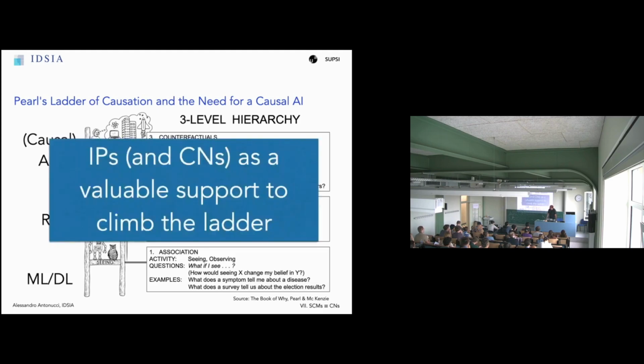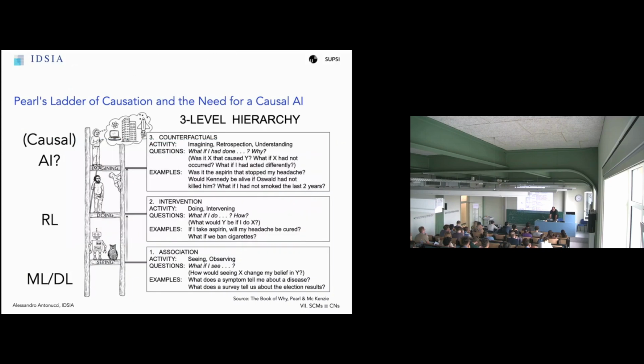So what I wanted to emphasize in this last module is that imprecise probabilities are very strongly connected, and credal networks are a powerful tool to answer counterfactual queries. Of course, counterfactuals can appear to be, let's say, esoteric objects, but in fact they are not.